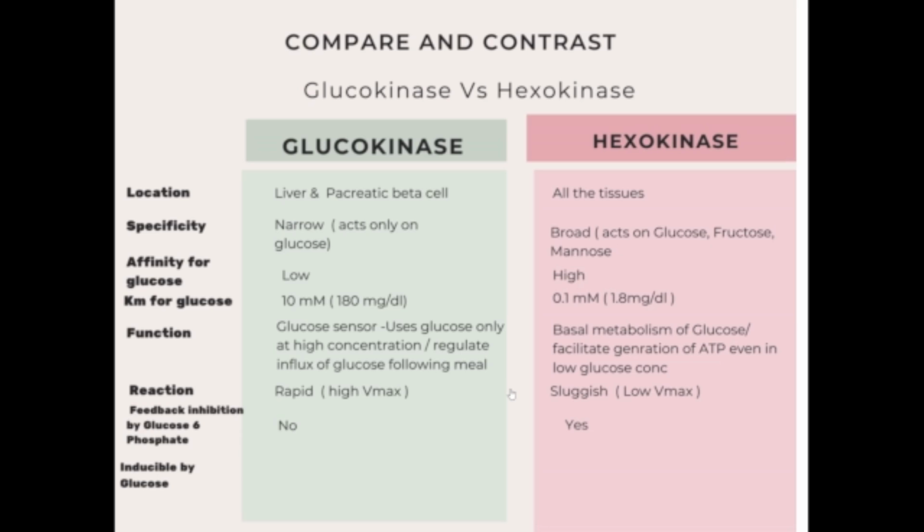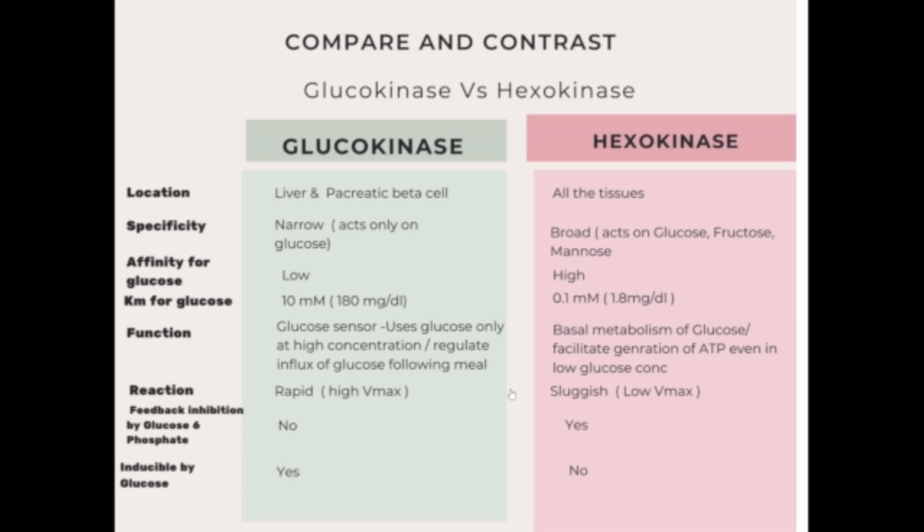The next difference is inducible by the glucose. The glucose substrate will itself induce the glucokinase enzyme, and it will convert glucose to glucose 6-phosphate in the liver and pancreatic beta cell. So the influx of glucose is utilized after the meal. While in case of hexokinase, the glucose will not induce the hexokinase enzyme.